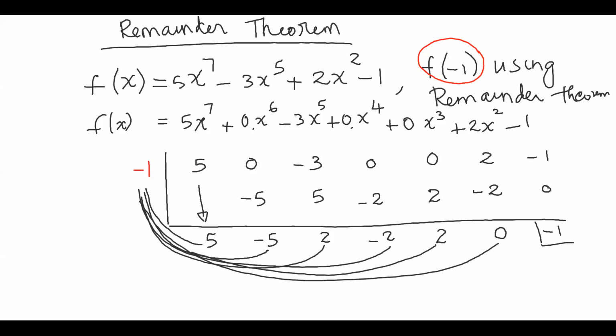Guess what? We are not dividing, we are not finding the answer for division. We are finding f of -1, which is this remainder. That is our answer. So f of -1 is -1. So the remainder is always going to be the functional value when the problem says evaluate using remainder theorem.